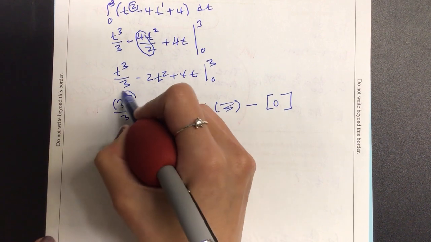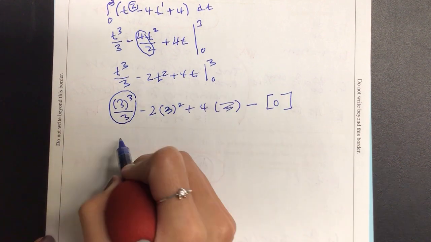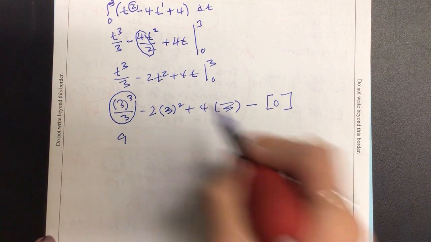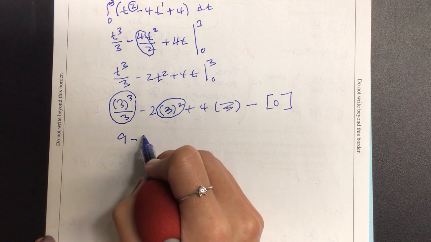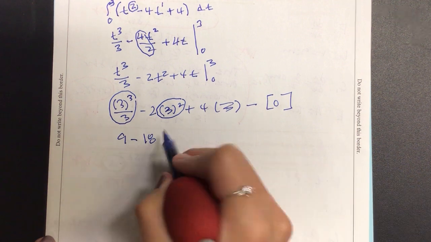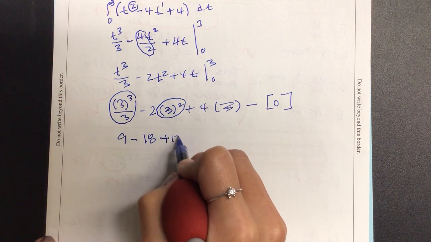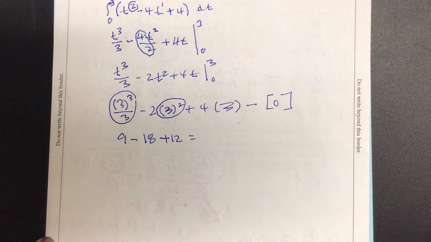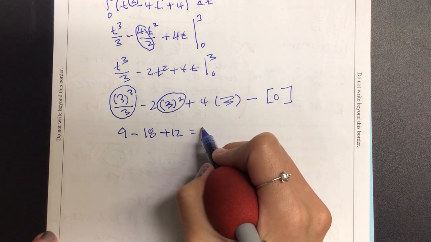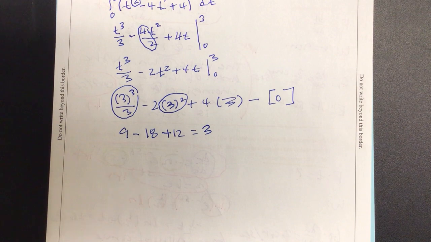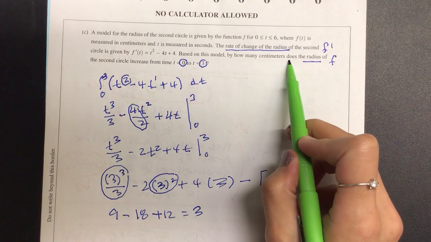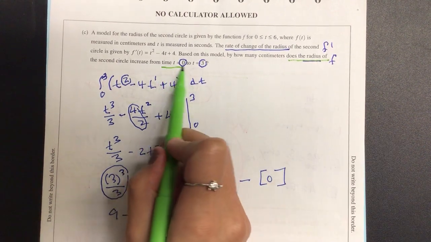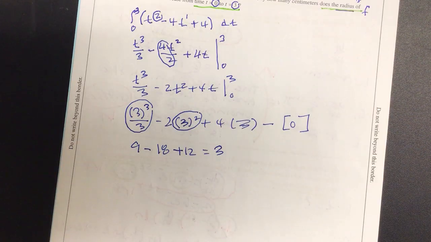So let's do this piece. What is 27 divided by 3? 9. And then for this one, 9 times 2 is 18. And then we have 4 times 3 is how many? 12. And that's going to compute to a single whole number of what? 3. Very good. So let's see which sentence stem I'm going to steal from. I'm going to mention something with the radius and something with the time, and then is blah.